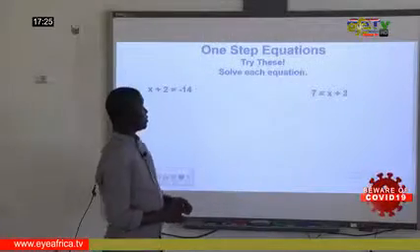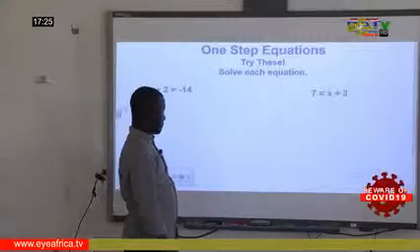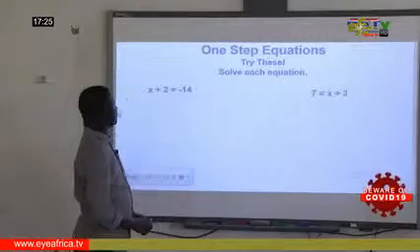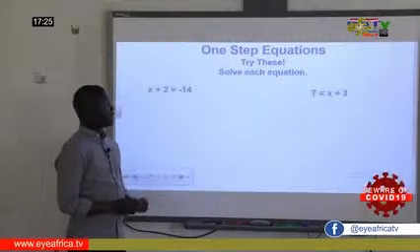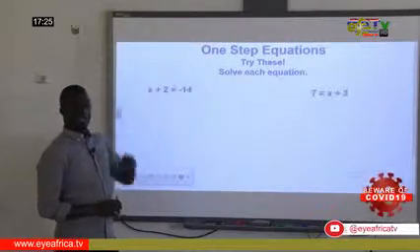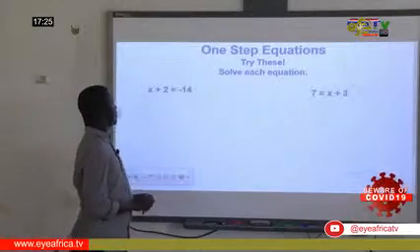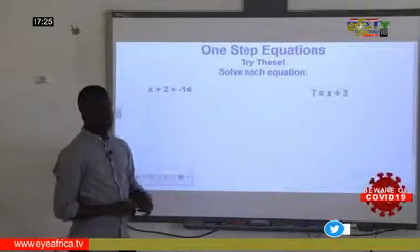Still on one-step equations. Can we solve this together as well? x plus 2 equals negative 14. As you can see, the answer here is negative 14.